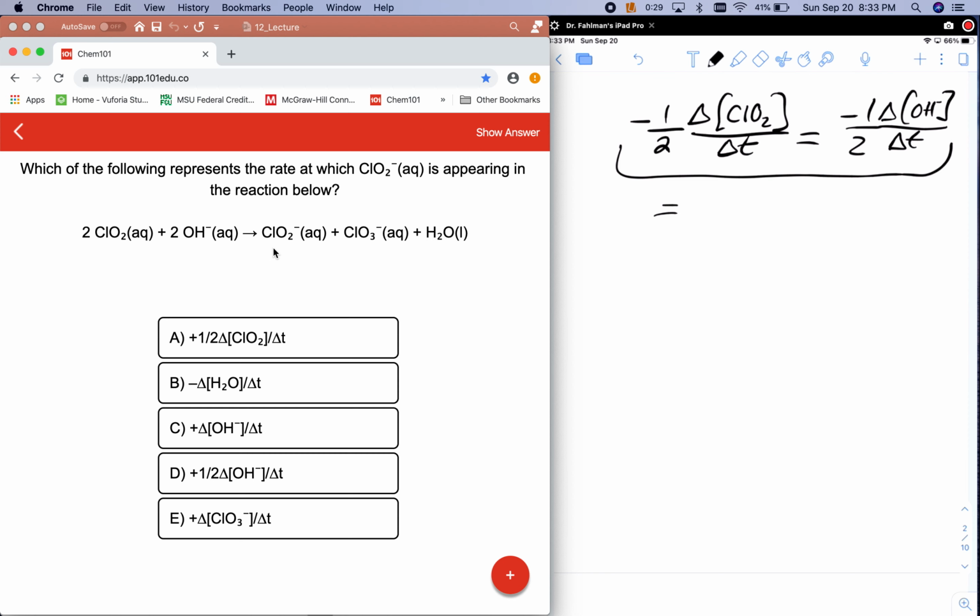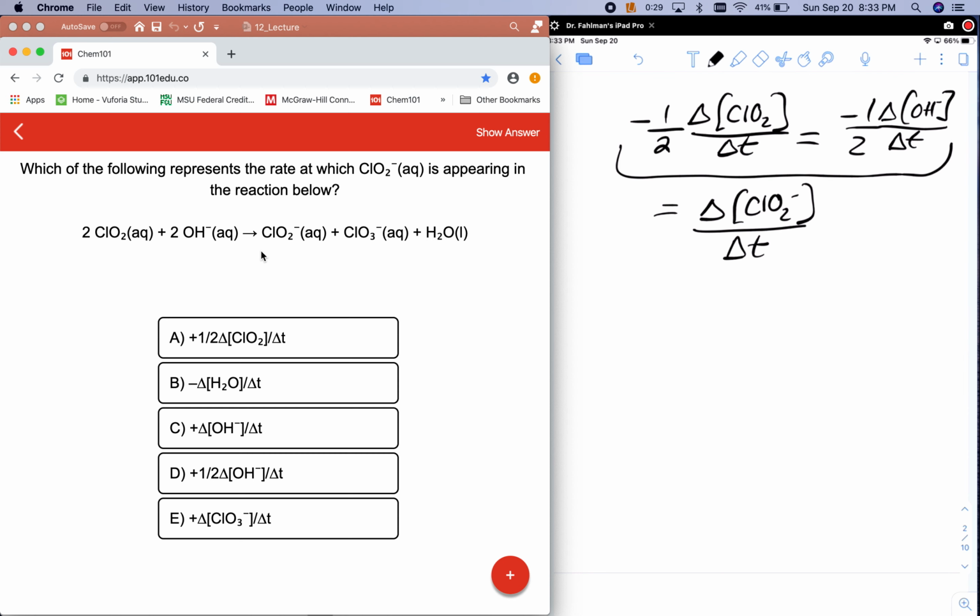All right, so assuming you paused the video and we're back on it here, since ClO2 minus has a 1 in front of it, it's just going to be the change in concentration of ClO2 minus with respect to time. Okay?